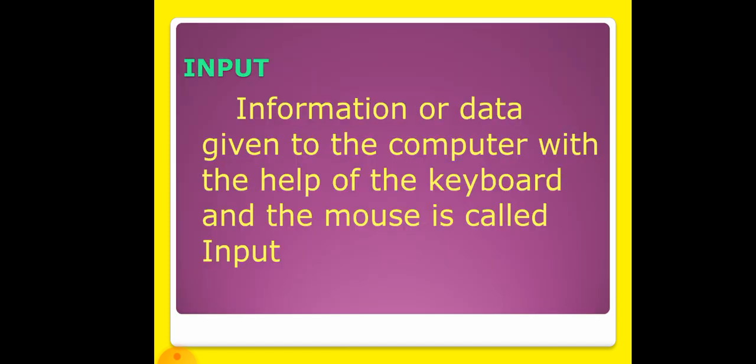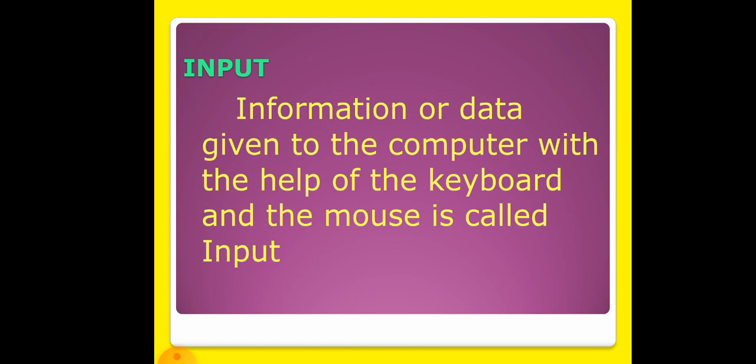Input: information or data given to the computer with the help of the keyboard and the mouse is called input. Keyboard and mouse are the input devices which give data to the computer, to the processing unit.